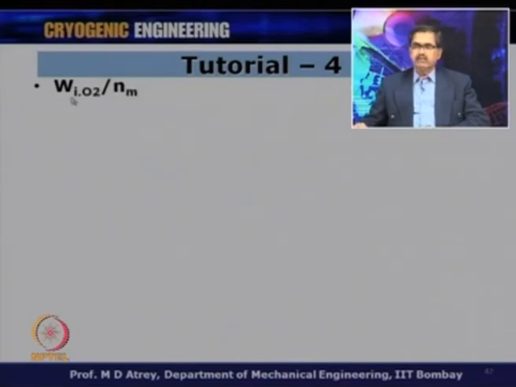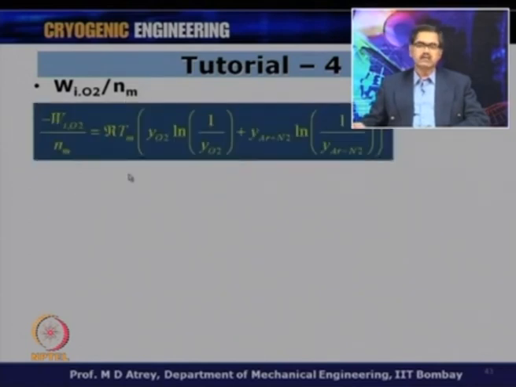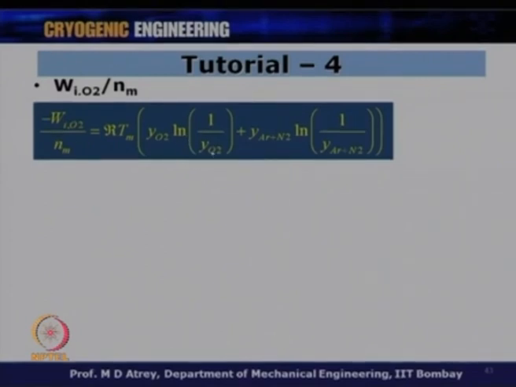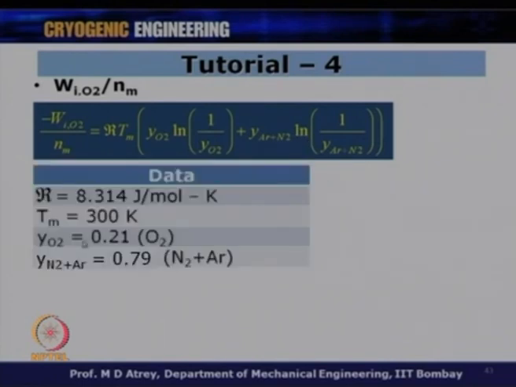Now, I am calculating work of separation of oxygen per mole of mixture. Again, instead of argon, now I am separating out only oxygen, and the other part that will remain is now a mixture of argon and nitrogen. So, I got y_O2 log 1 upon y_O2 plus y_(Ar+N2) log 1 upon y_(Ar+N2). So, what is the value of y_O2? 0.21 is the molar fraction of oxygen, and y of nitrogen plus argon is 0.79.